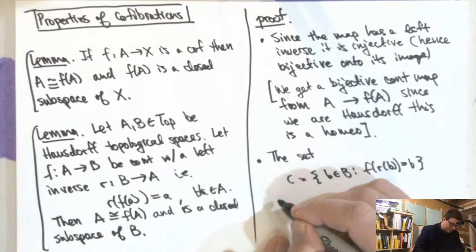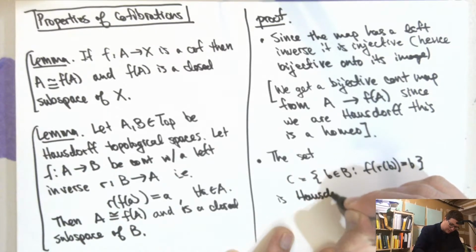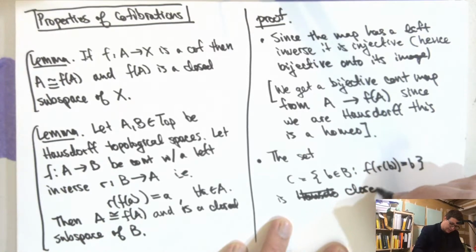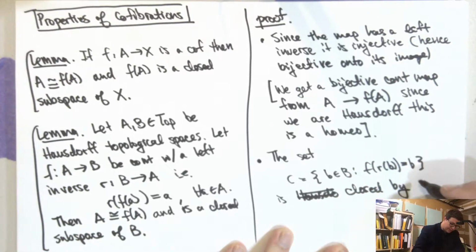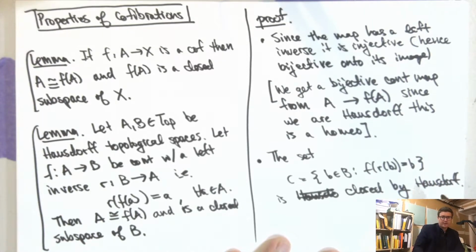Sorry, this is closed by the Hausdorff condition. This is the same reason why, if you haven't seen this before, the diagonal map is closed in Hausdorff topological spaces. So that gives us that this is closed.